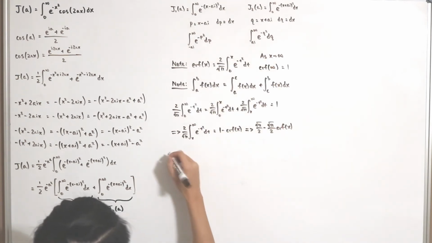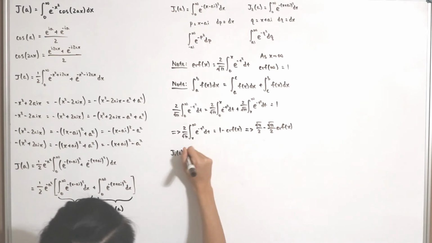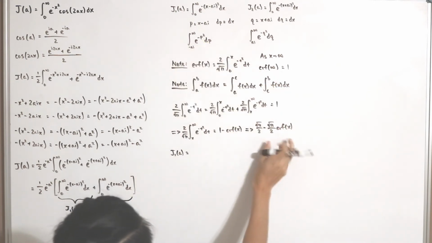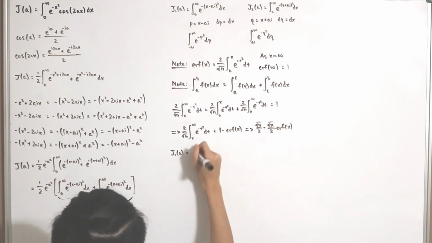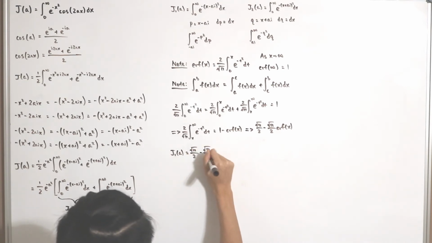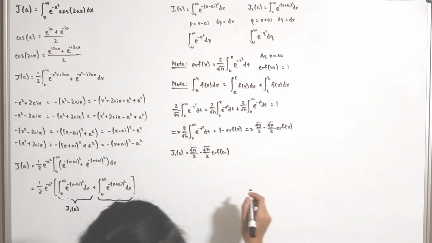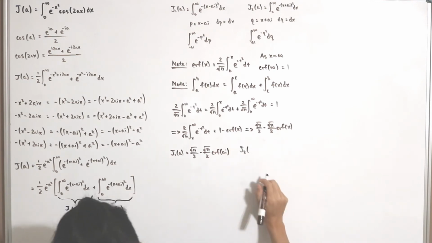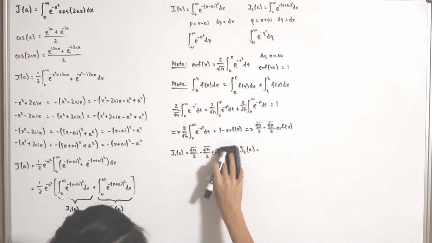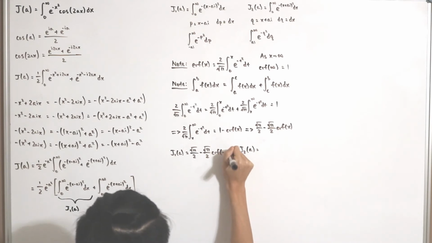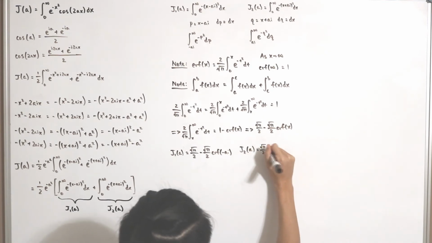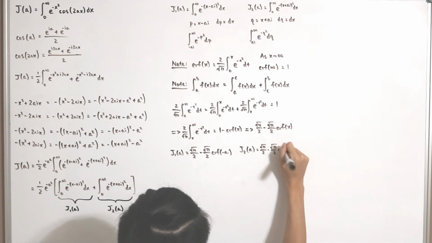Therefore, j sub 1 of a is equal to the same standard formula with negative ai plugged in place of x: the square root of pi divided by 2 minus the square root of pi divided by 2 times the error function of negative ai. And j sub 2 of a is the same thing, but this is supposed to be negative ai over here, while over here we plug in positive ai: the square root of pi divided by 2 minus the square root of pi divided by 2 times the error function of ai.